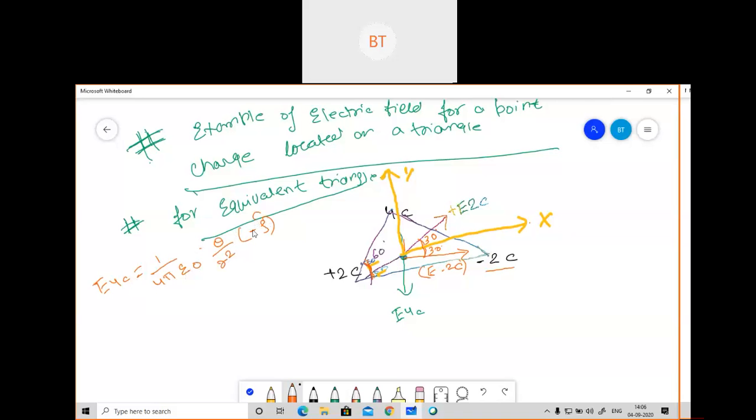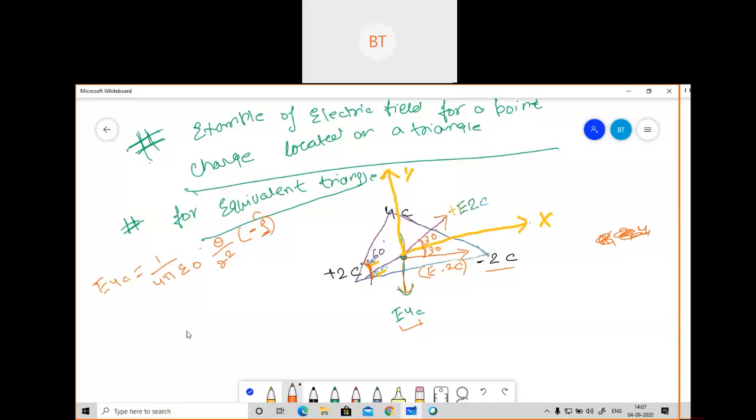Why am I writing minus j direction? Because the arrow which I made is in the downward direction because of this E4C. If you see x, y and z, three coordinates are there with i, j and k, so the j coordinate should always be upward. Since it is in the downward direction, I have written minus j cap.